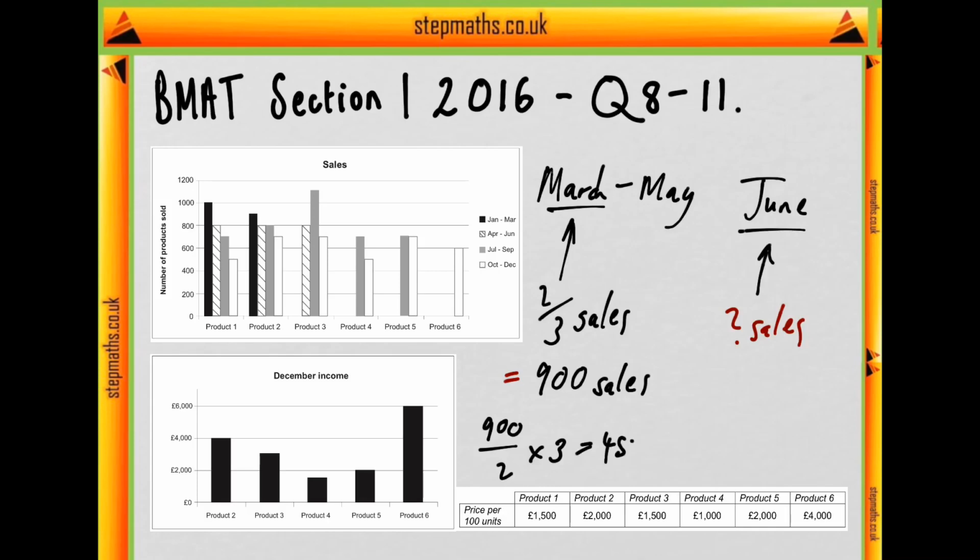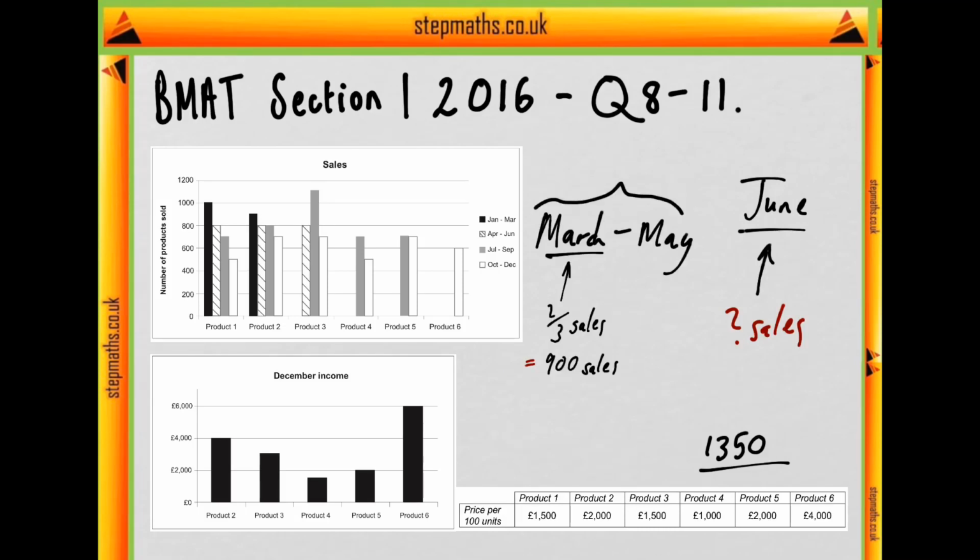So 450 times 3, which is 900 plus 450, which is just 1350, which is the total number of sales overall in that 3-month period. So let's move that 1350 across to here. 1350 sales.